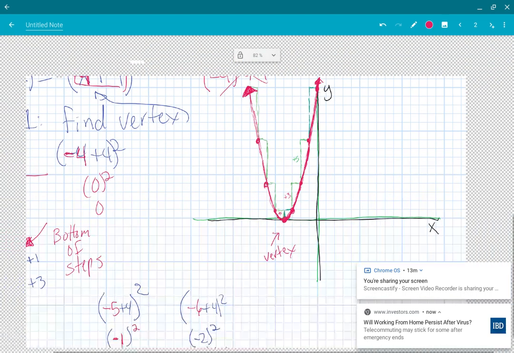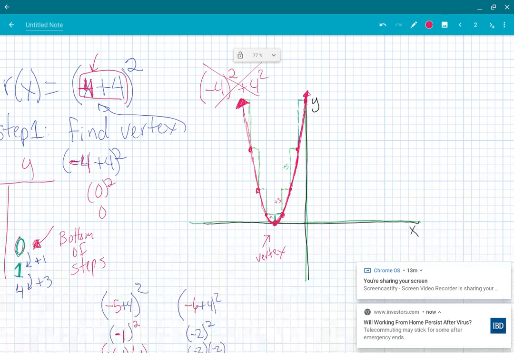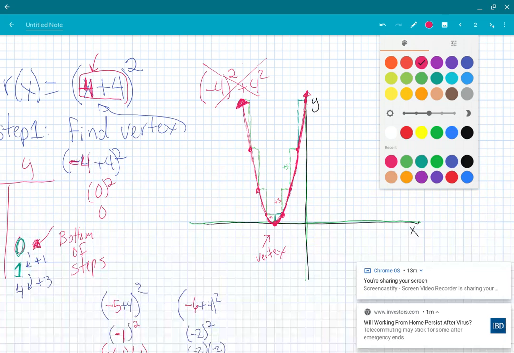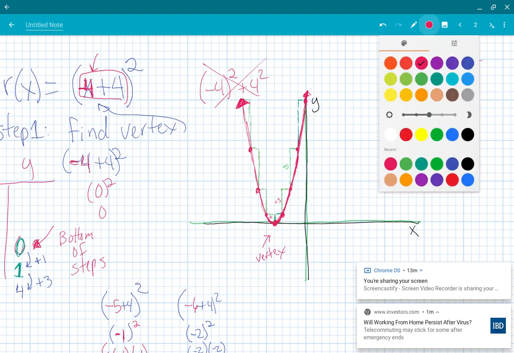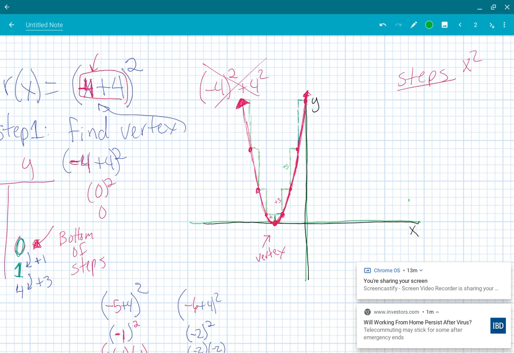All right. So now let's compare our steps. So our steps for quadratics, right? For x squared. So I'm going to use green. So it goes up 1 over 1.